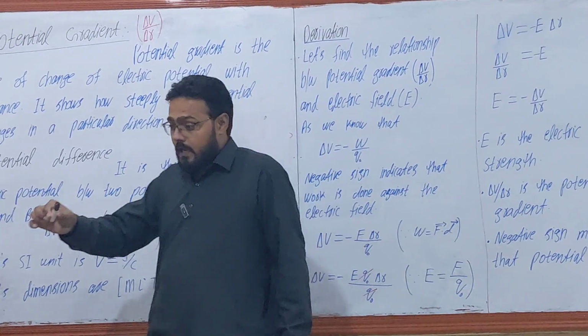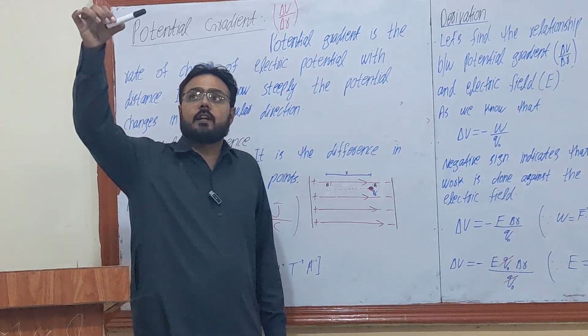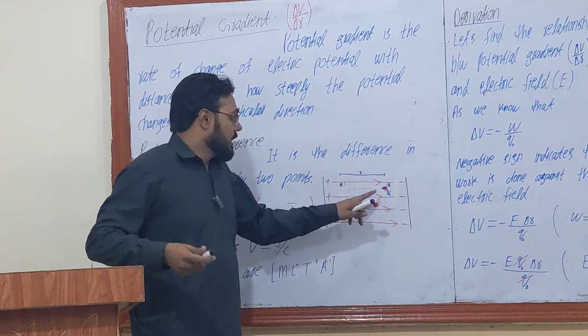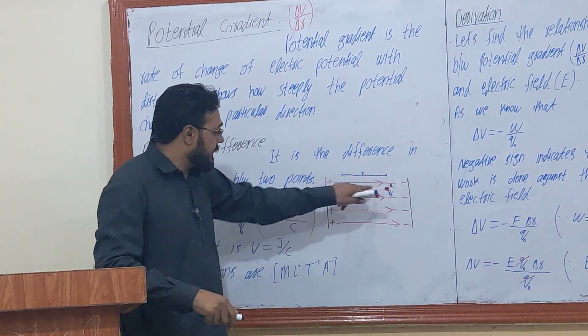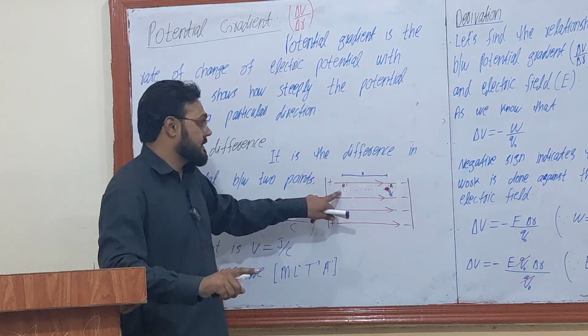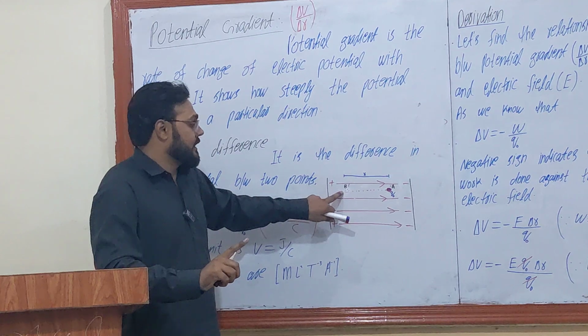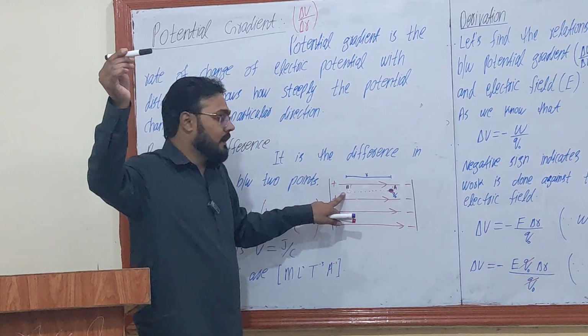Now I move this marker against the gravitational field. If we move the charge against the electric field, it has electric potential energy, and the marker has gravitational potential energy.